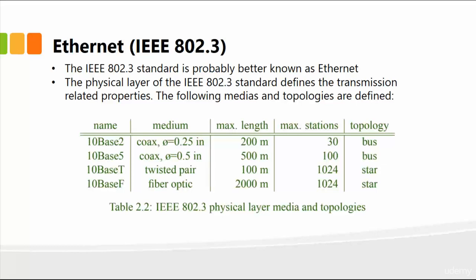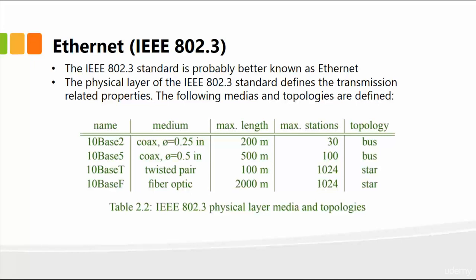The maximum length of the data signals is about 100 meters, it can have up to 1024 stations, and that network will be using the star topology. Just by saying the name, you would have to know exactly what goes with the name. That's a standard.